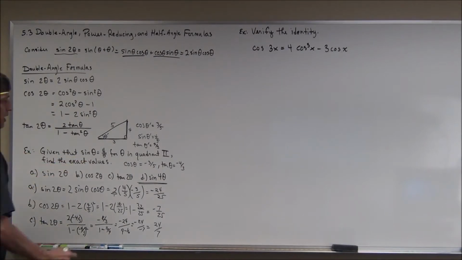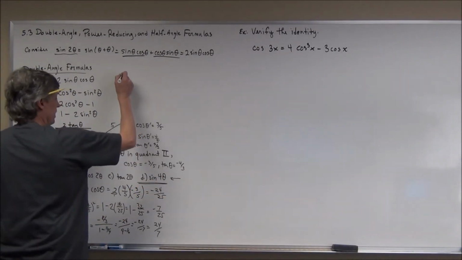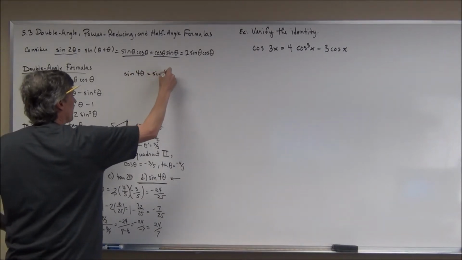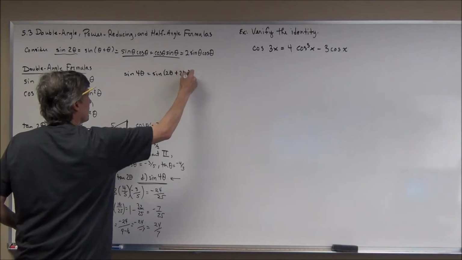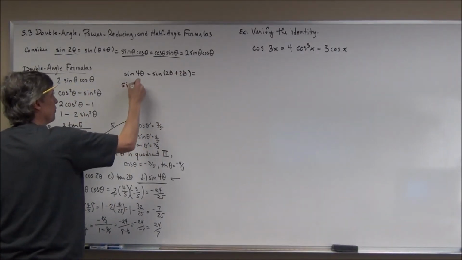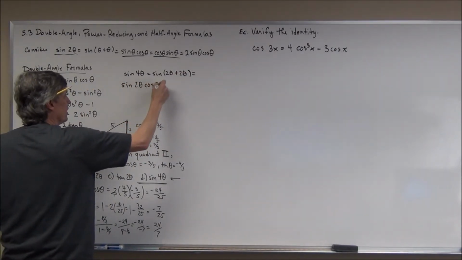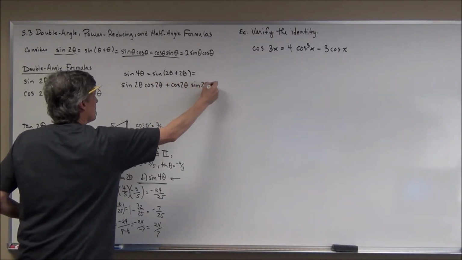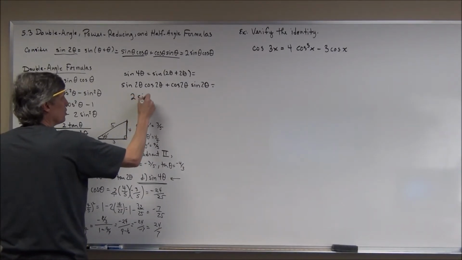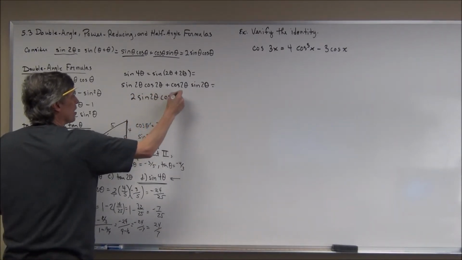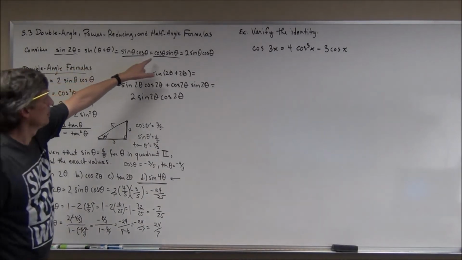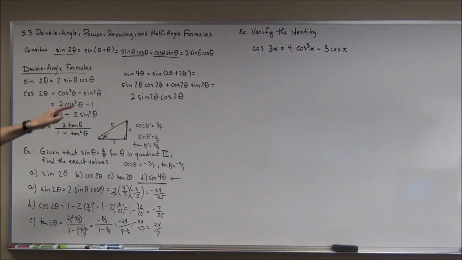The sine of 4 theta, I'm going to think of as the sine of 2 theta plus 2 theta, which is the sine of 2 theta cosine of 2 theta plus cosine of 2 theta sine of 2 theta, which is going to be 2 sine 2 theta cosine 2 theta. So I kind of did that same little trick that I did here when I was deriving the sine of 2 theta. And I've derived the formula for the sine of 4 theta.